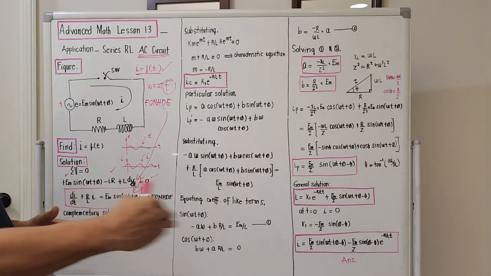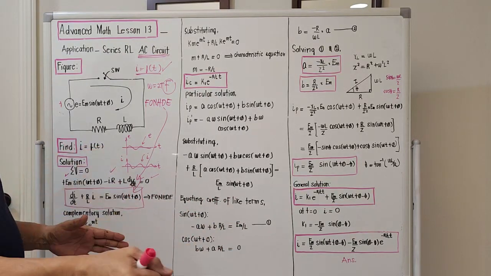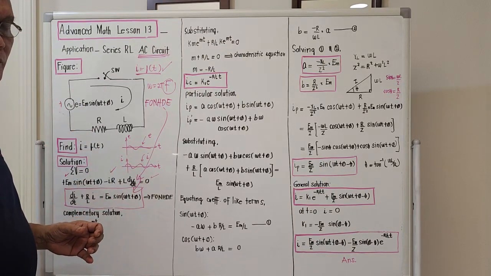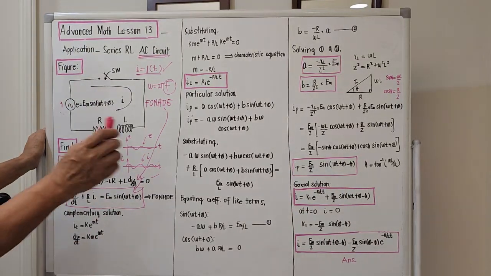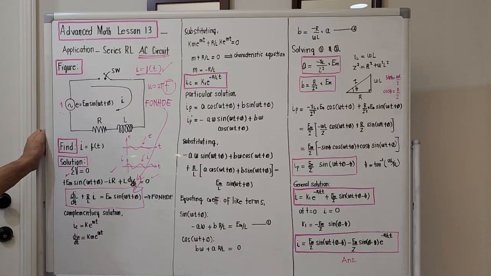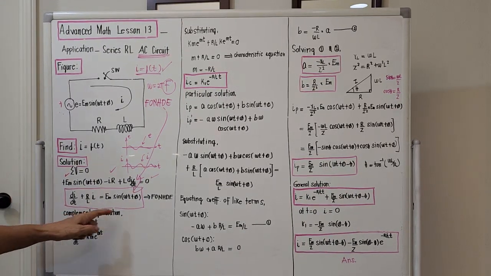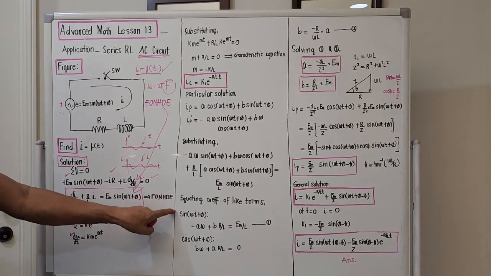If the right hand side of the resulting equation is not equal to 0, it is non-homogeneous, and there should be a complementary solution and a particular solution. For the complementary solution, as always, this is k e raised to mt. First derivative will be km e raised to mt. So we will take the value of I_c and the first derivative, we put back on the derived first order non-homogeneous differential equation.